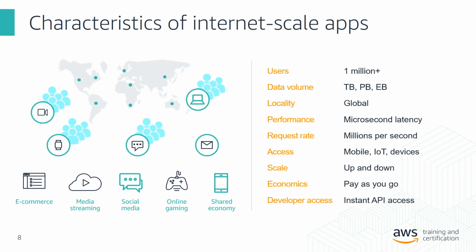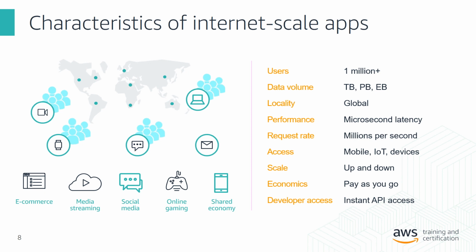So let's talk about, just for a minute, internet scale apps. So basically, we saw that applications in the internet era are really different. They have different characteristics compared to traditional applications. Why is that? Because with internet applications, users can very easily be in the millions.